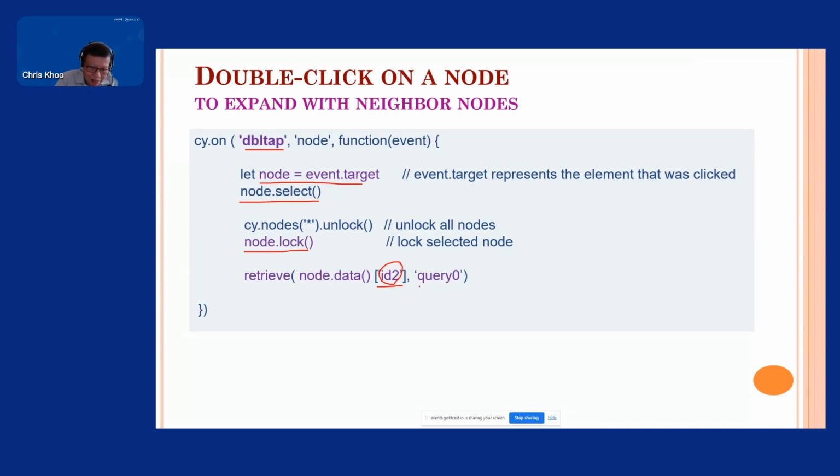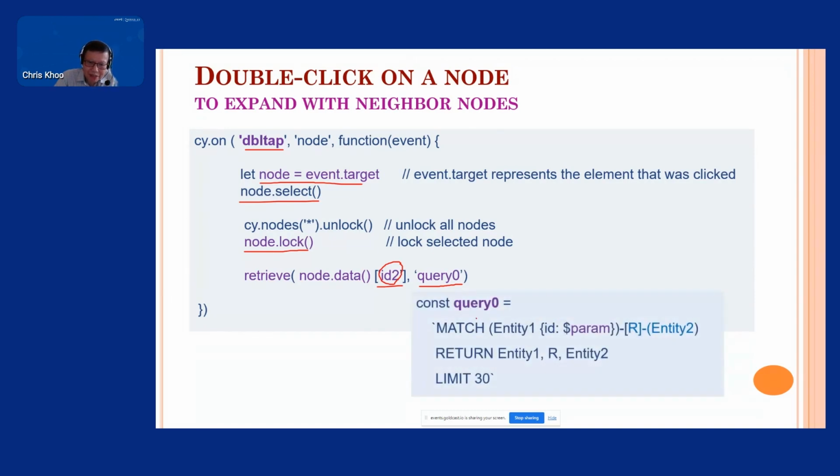So I indicate the Neo4j query that I want to use. And I call this query 0. All my applications use query 0 because all it does is retrieve neighboring nodes. So if you're familiar with Neo4j, this is a Cypher query where you match a particular node ID and you retrieve the related nodes, the relation and the linked entity.